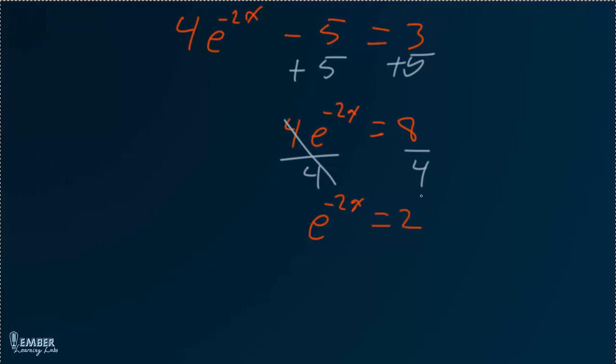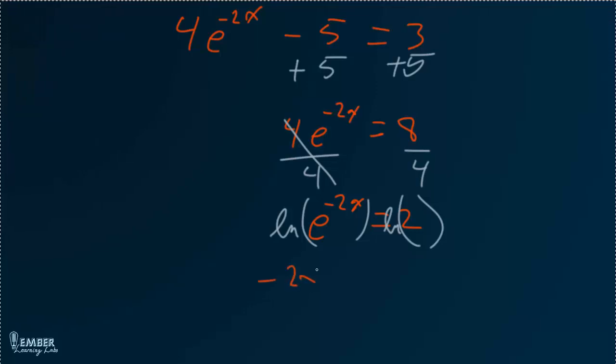All right, so just like we did before with the common log, we can do the same idea, but take the natural log of both sides. We take the natural log of this side and the natural log of that side. When we do that, we can pull this exponent out to the front. So we've got negative 2x times the natural log of e equals the natural log of 2, right? Natural log of e to the 1 equals 1, so that cancels.